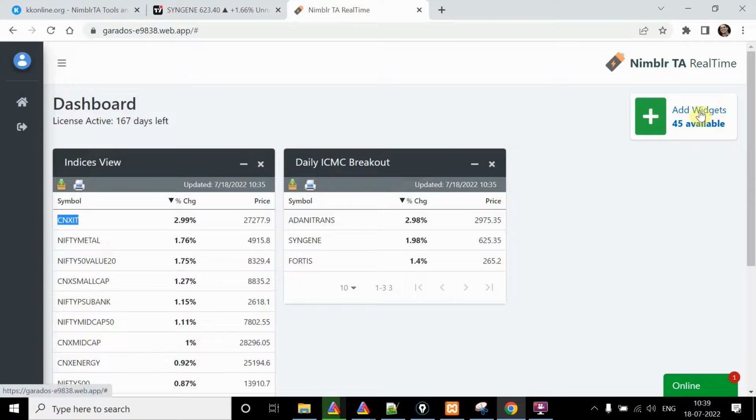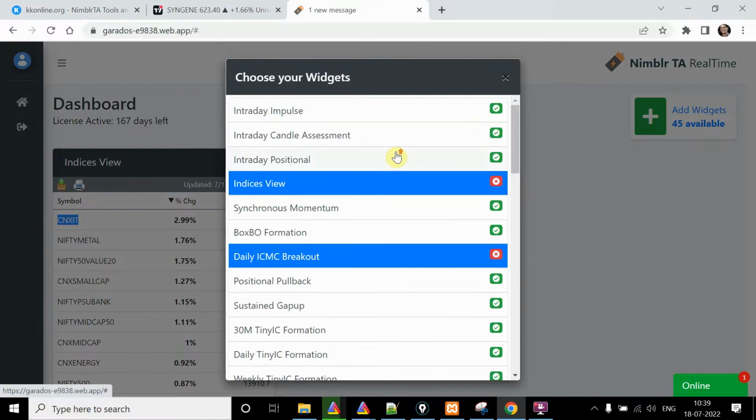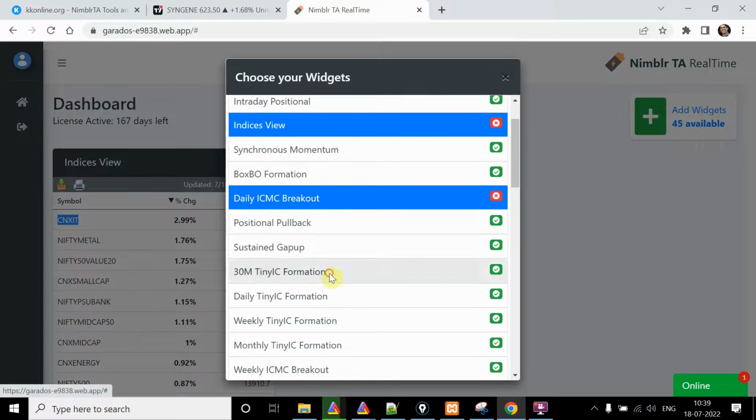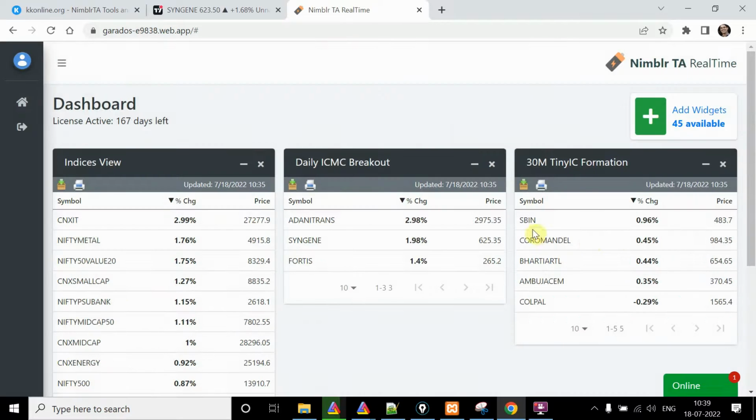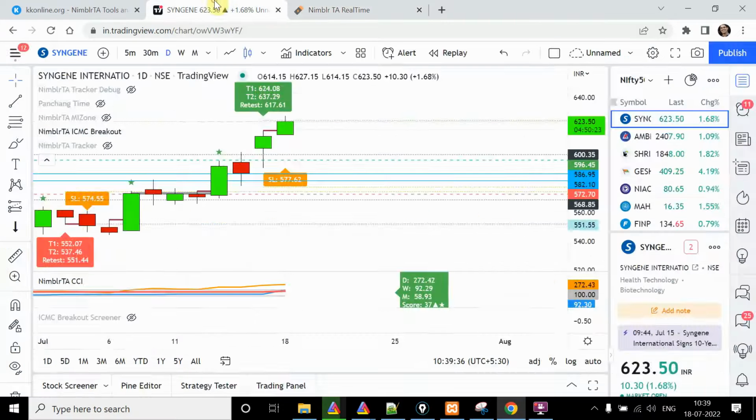So now if I know the indices have moved and they are topped by IT, I would like to align myself with such positions. Similarly, I want to check where the TinyIC on 30 minutes are being formed right now. So I would enable 30 minutes TinyIC and I would get SBIN over here.